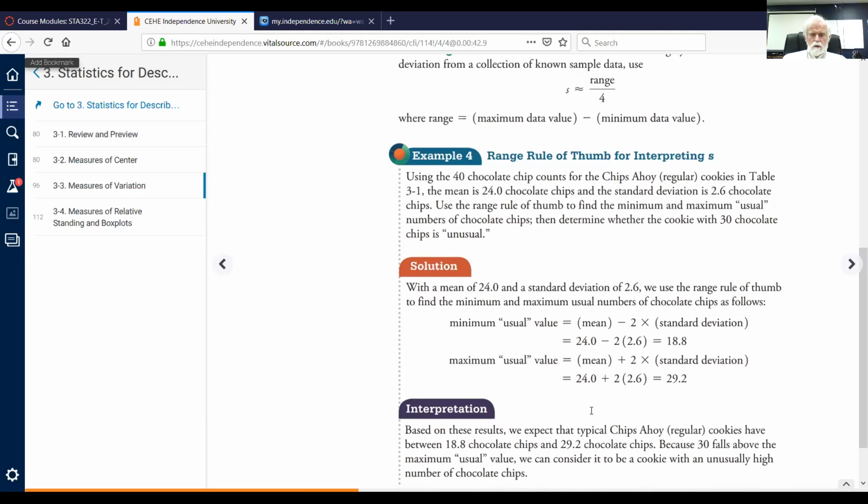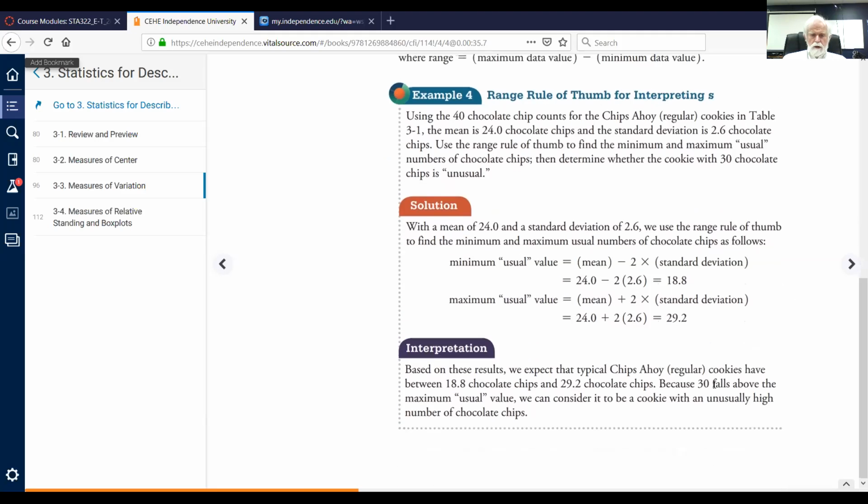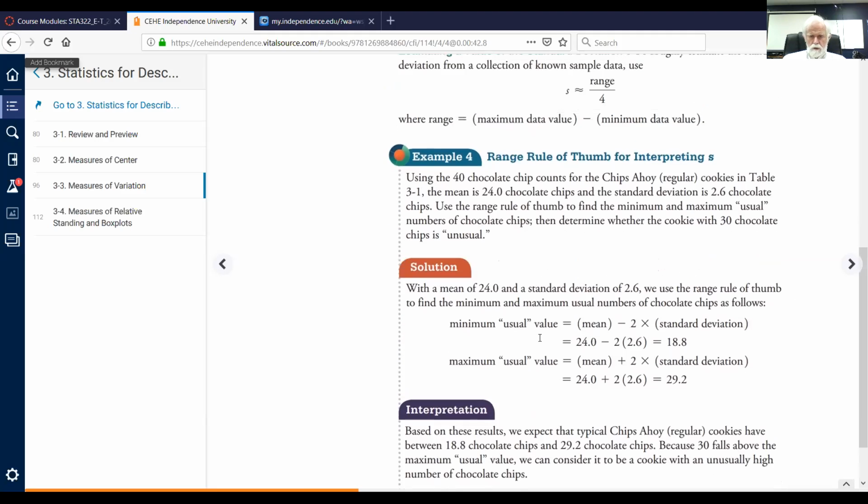If we look at the range as the maximum and the minimum, we've got 30 minus 19 is 11, divided by 4 is about 2.9 or 2.8. Let's see. Yeah, 2.75, so 2.8. Whereas the calculated value was 2.6.